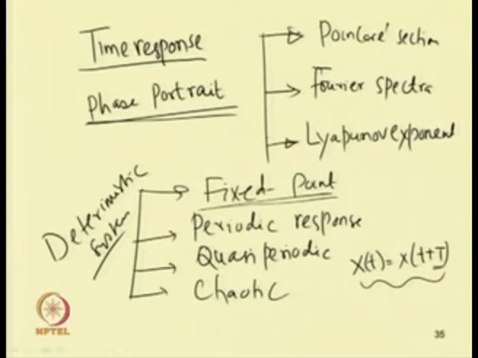In case of quasi periodic response also, one can observe this response of the system. But one can note that for quasi periodic and chaotic response, as they are not periodic, it is difficult to distinguish these responses from the time response and the phase portrait.